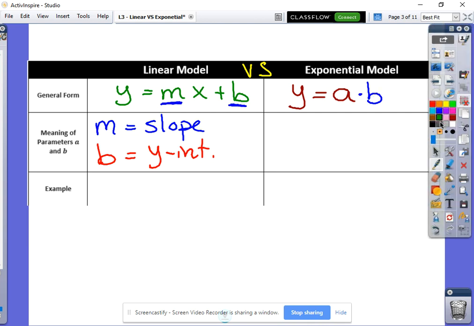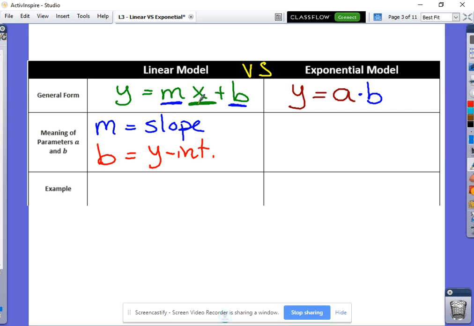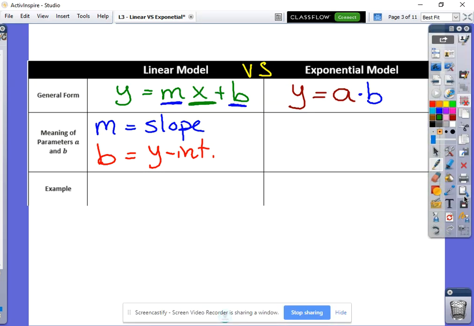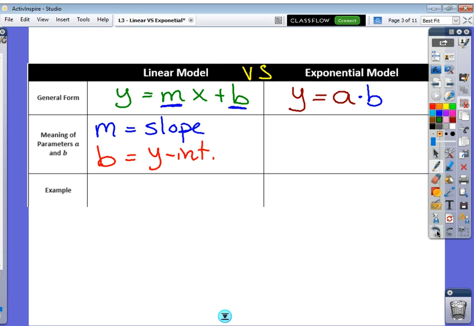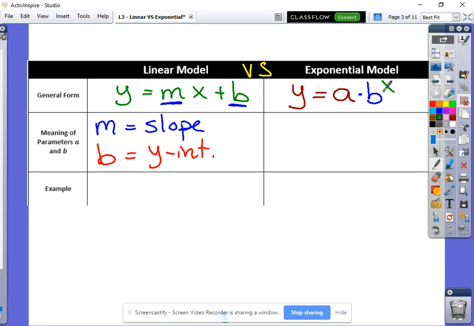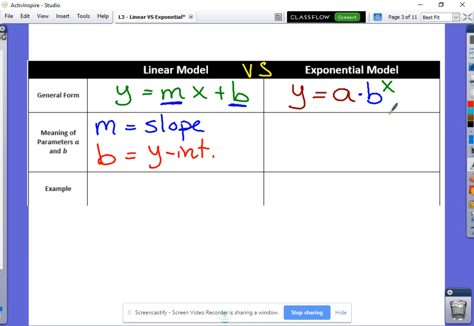And then instead of having x on the same level like we do here with everything else, this is called exponential because the variable x is now your exponent. It's so important that you see that the variable isn't on the same level as everybody else. Your variable x is now the exponent of the function.